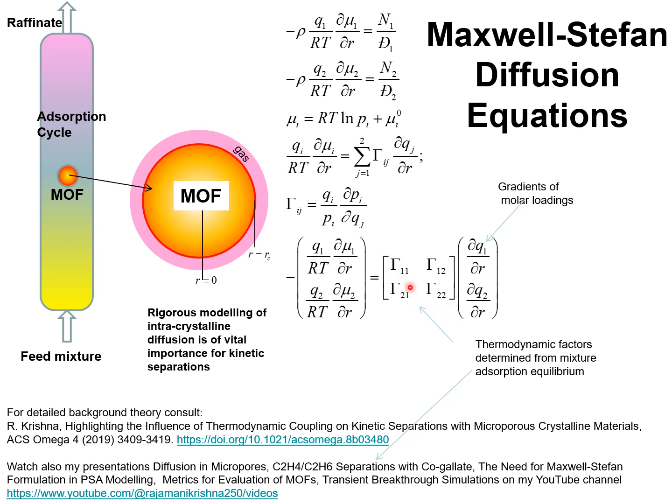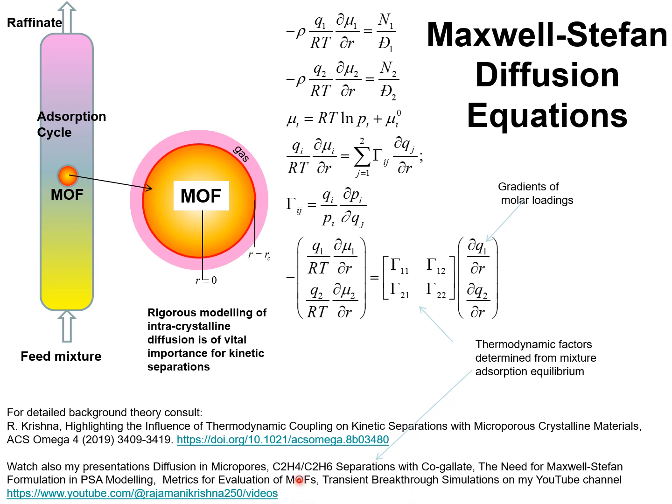If this matrix of thermodynamic correction factors is taken to be the identity matrix, in other words, the diagonal elements being unity and the off-diagonal elements being 0, we have essentially reduced the complexity of the problem to the Fickian formulation and the LDF approximation that is commonly used in modeling fixed bed adsorbers.